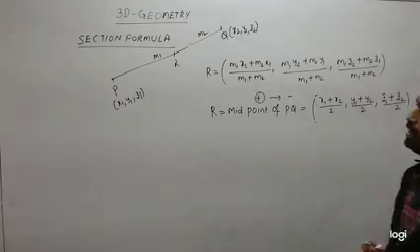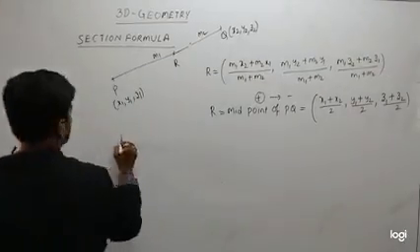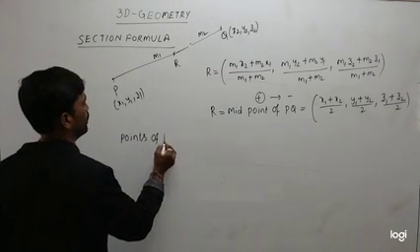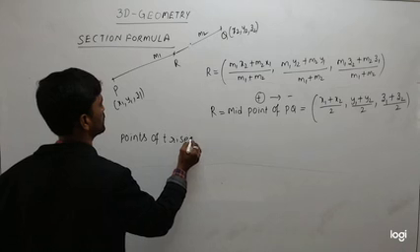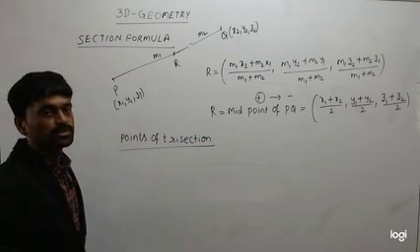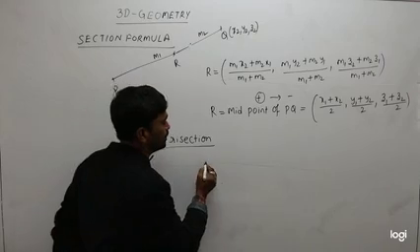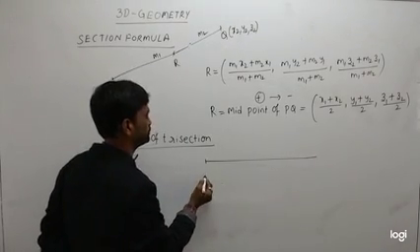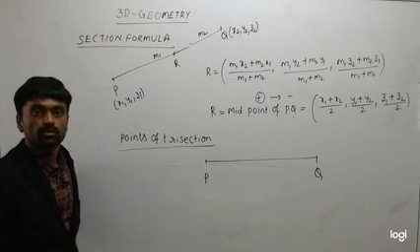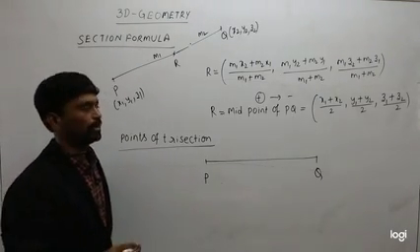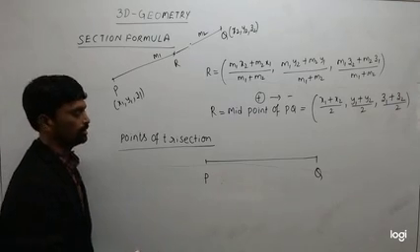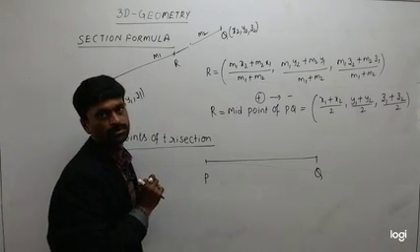Okay. Next, points of trisection. Suppose PQ is the given segment. The points which divide this segment into 3 equal parts are called points of trisection or trisecting points.